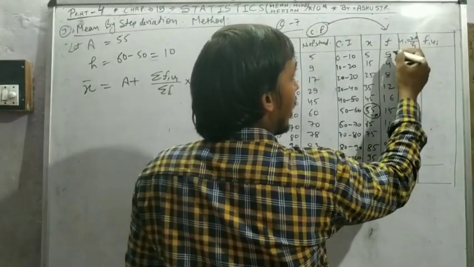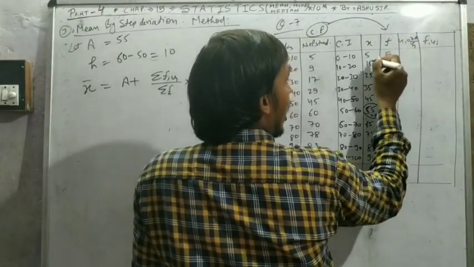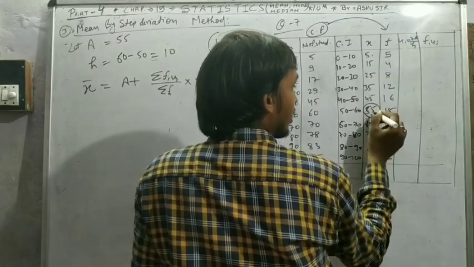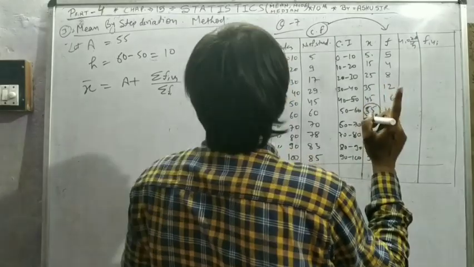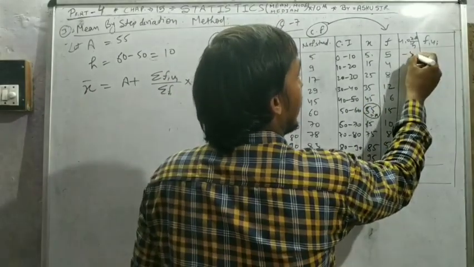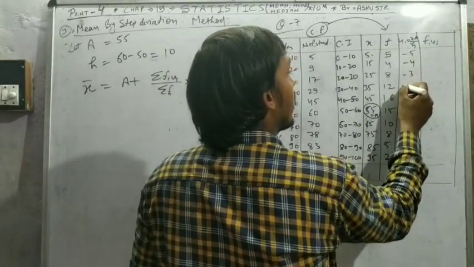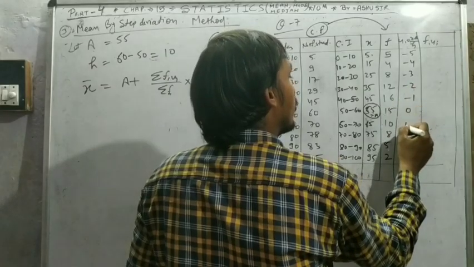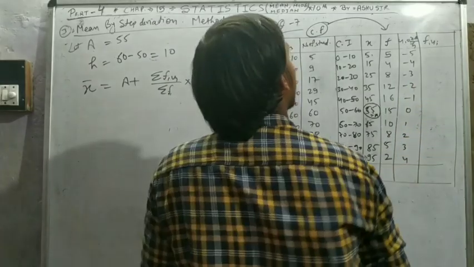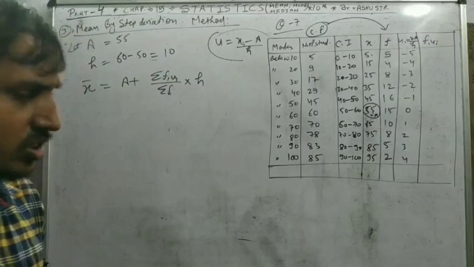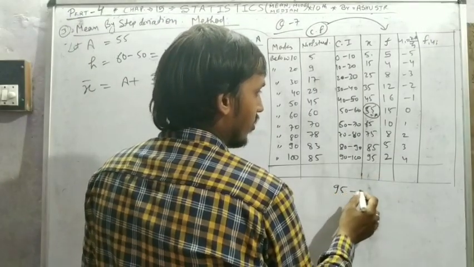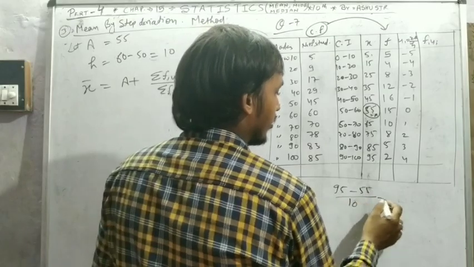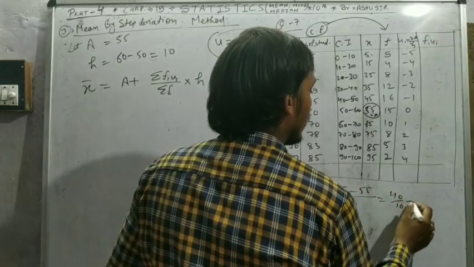Then u, x minus a: 5 minus 55 minus 50 by 10, minus 5, minus 4, minus 3, minus 2, minus 1, 0, 1, 2, 3, 4. You can check this: for 95, 95 minus 55 by 10, 40 by 10, 4.